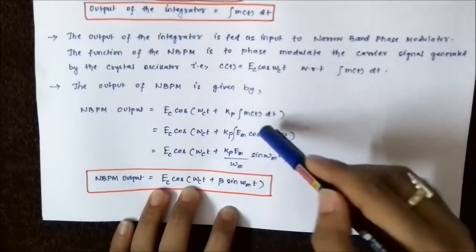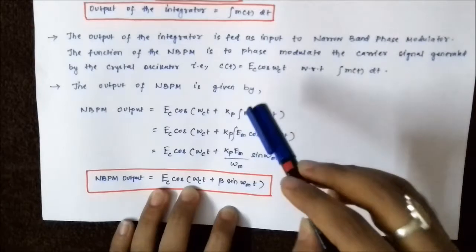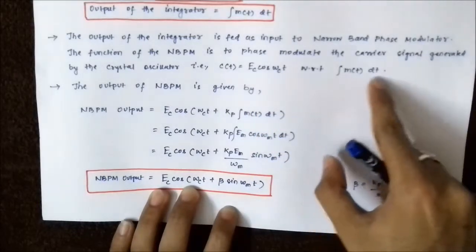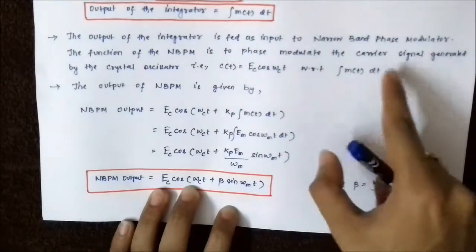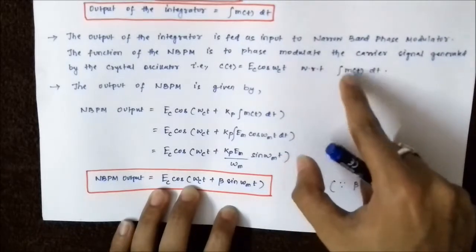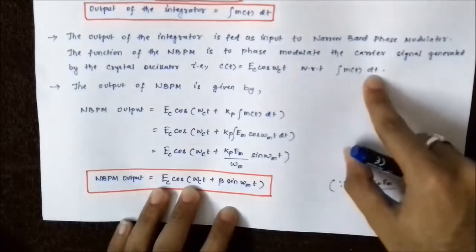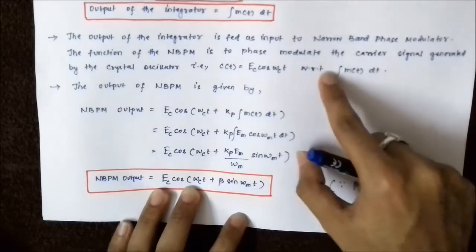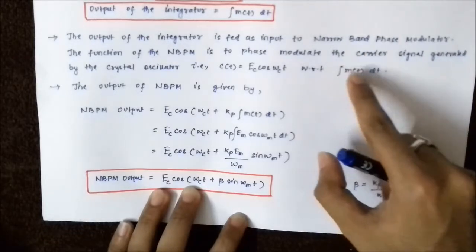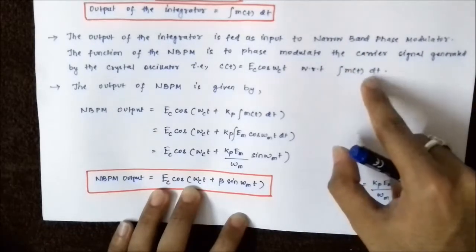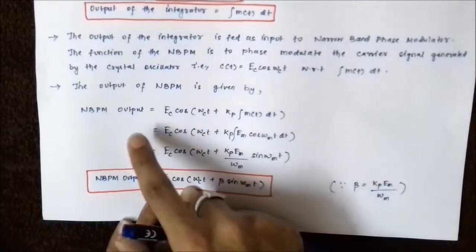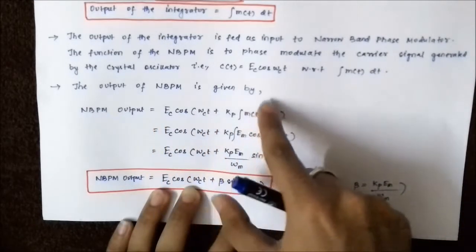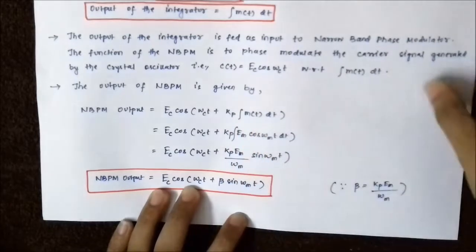But here, the message signal for phase modulation is the integration of m(t) dt, which is the output of the integrator given to the phase modulator. So this signal acts as the modulating signal. So we get the narrowband phase modulated output as Ec cos(omega_c t plus Kp integration of m(t) dt).